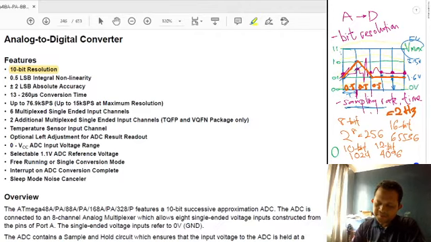The conversion time ranges from 13 to 260 microseconds. This is the time it takes to convert from analog to digital.